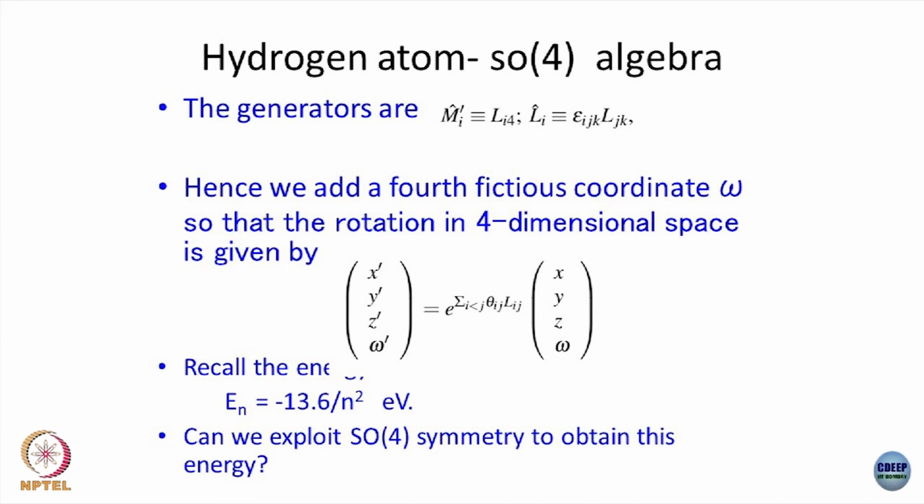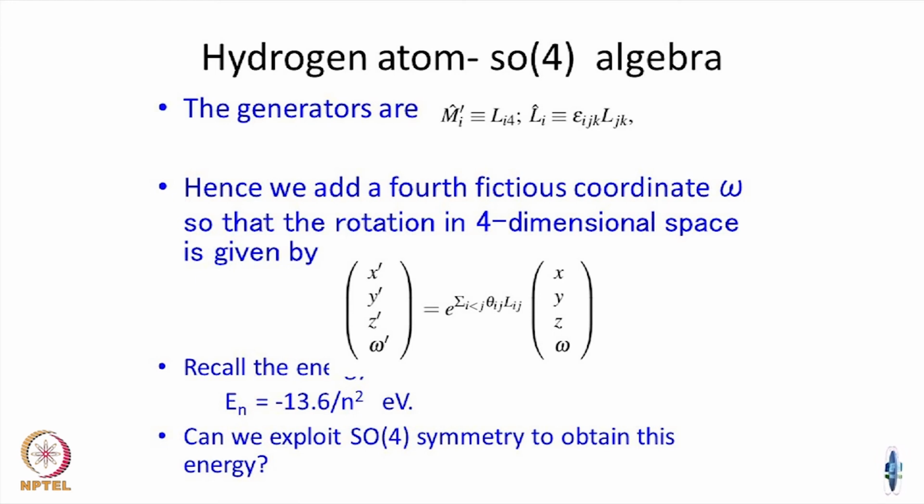So, that is why it is called a fictitious coordinate omega, so that for a rotation in a 4 dimensional space, any arbitrary rotation is obtained by exponentiating the generators. I use Lij, here i and j will run from 1 to 4. Okay. There are 6 generators, antisymmetric. Clear?